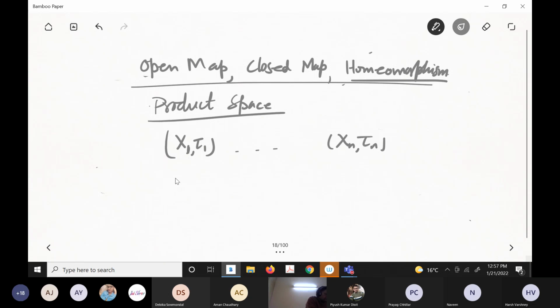Then the question is, on this product space, what will be the natural topology related to all these things? I can define a topology independent of that, but that is not my concern. I want a topology which is naturally related to this.